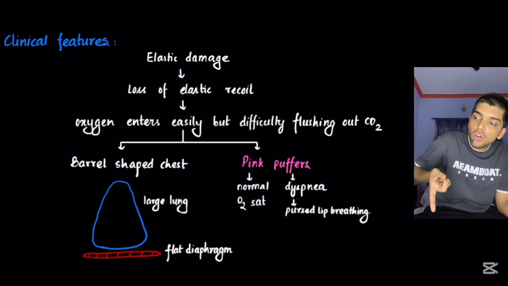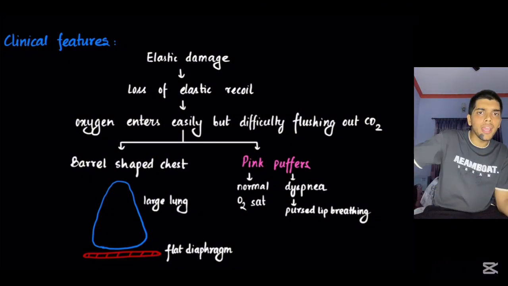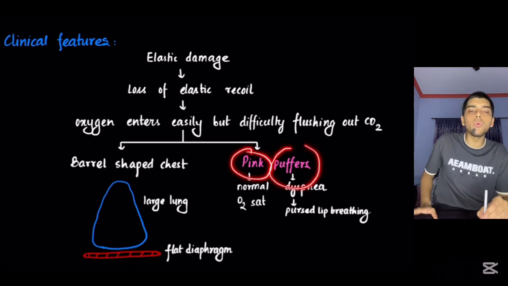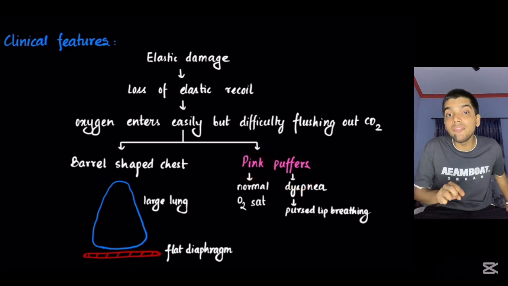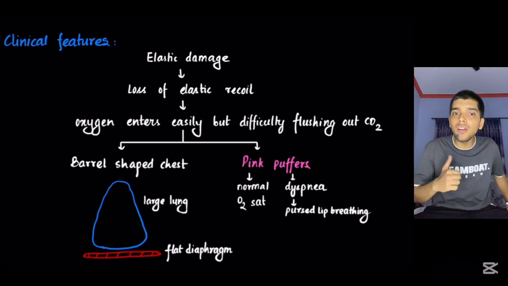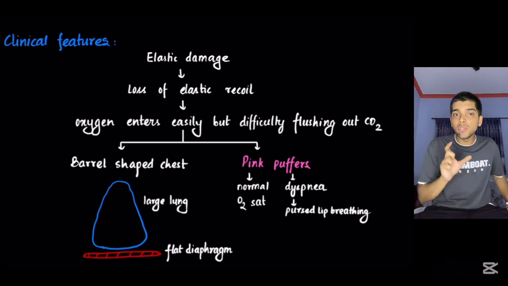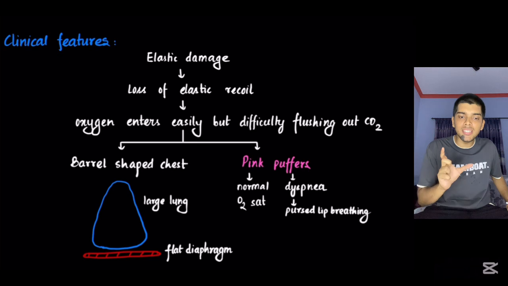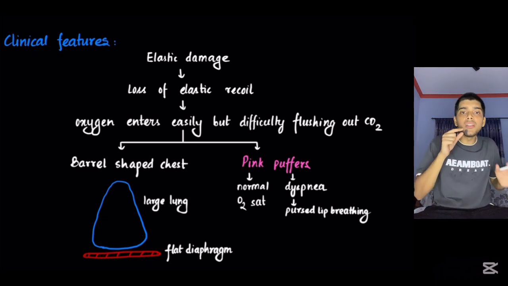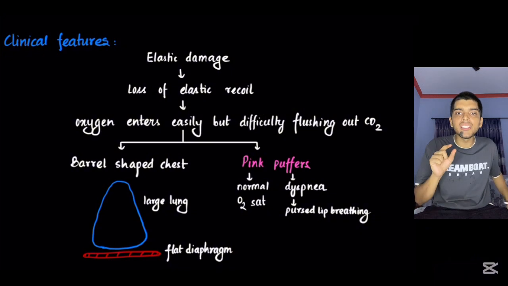That means the amount of oxygen in the blood is okay. The blood is well saturated with oxygen. So pink. Puffer, why? Again, the person is having dyspnea, unable to breathe properly, unable to flush out carbon dioxide. So as compensation, he or she starts pursed lip breathing. That is inhalation with closed lips and exhalation with pursing of the lips, like this.